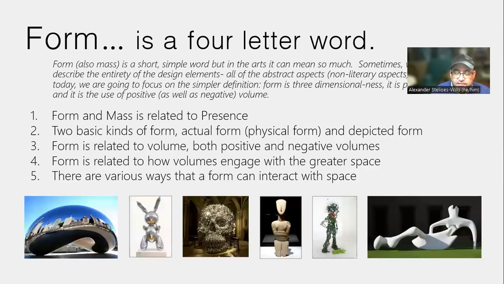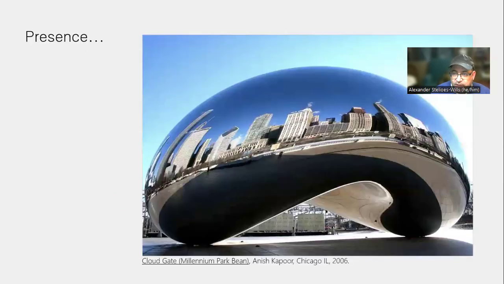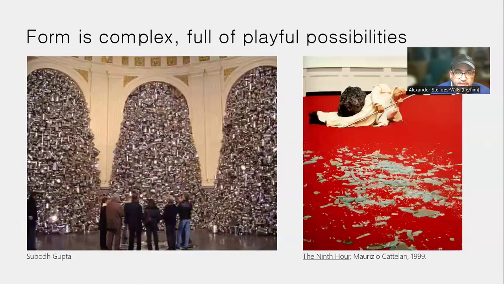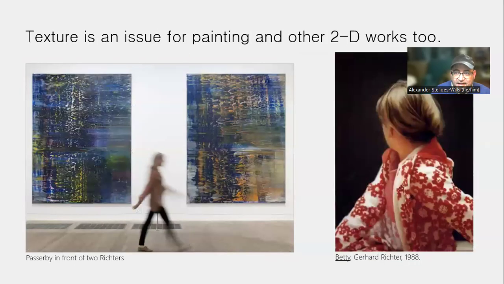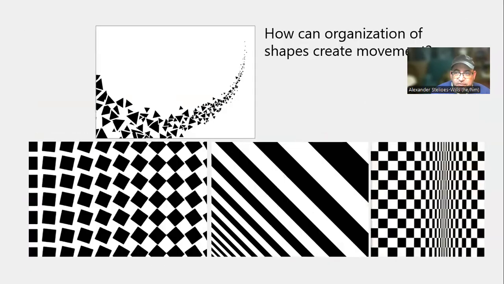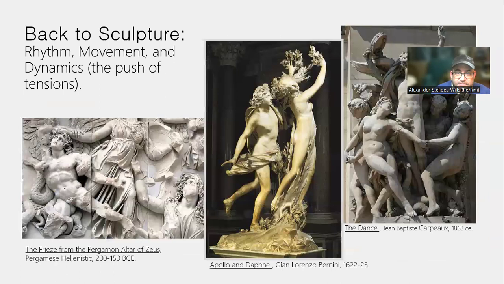Sculpture leads to us talking about form as the primary design topic for the unit, but it also leads to us talking about texture. And then especially because of talking about the difference between Hellenic versus Hellenistic sculpture, that leads to talking about dynamics and movement and energy in art.